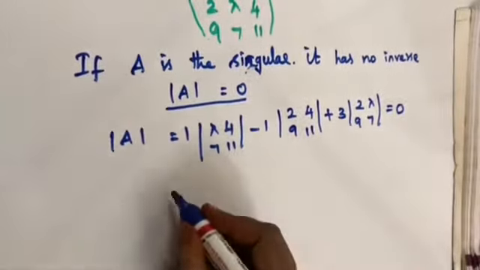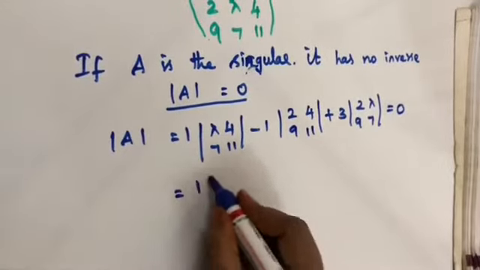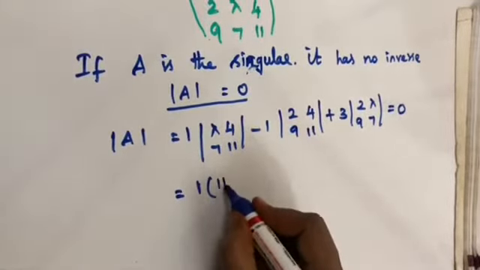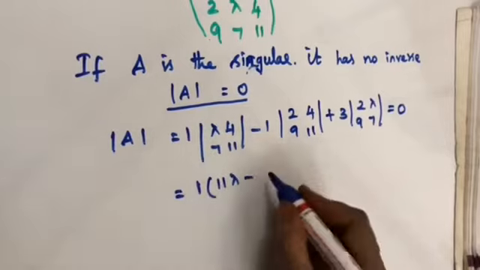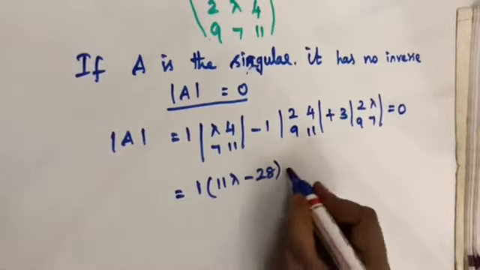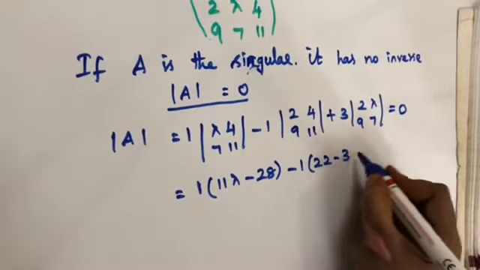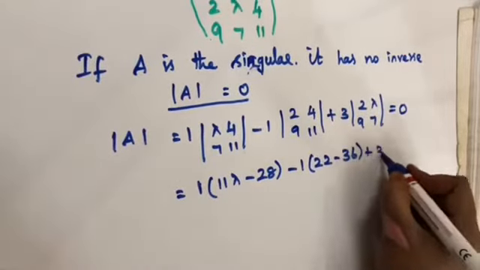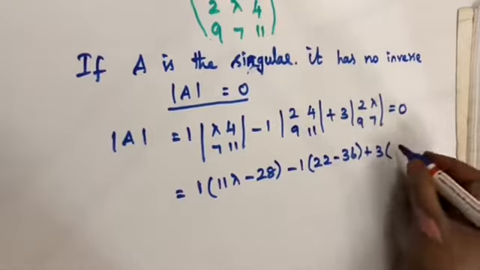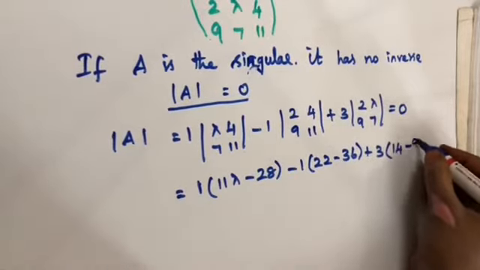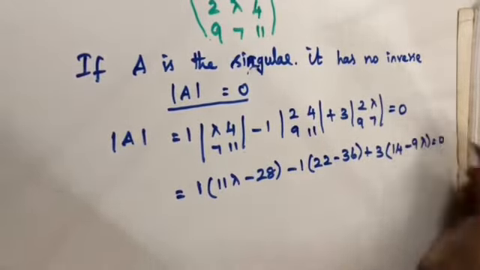So 1 into (11 lambda minus 28), minus 1 into (22 minus 36), plus 3 into (14 minus 9 lambda) is equal to 0.